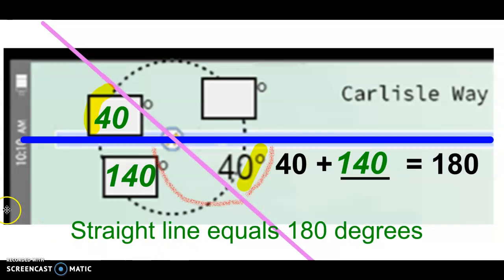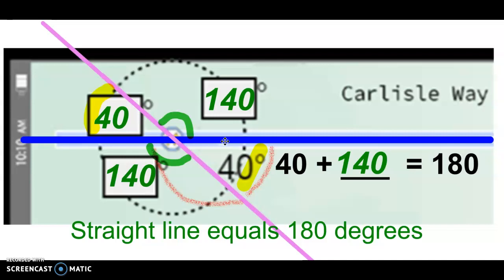Then we do the same thing with this angle here. It has a vertical angle, the one directly opposite it. If this is 140, then this is 140. They're the same, so I can write in here that this is 140 degrees.